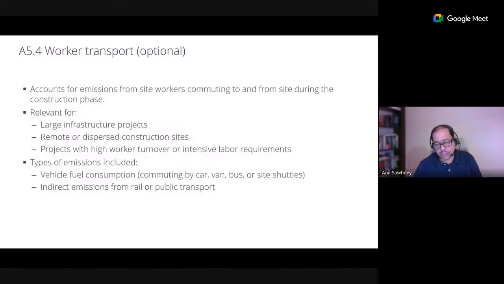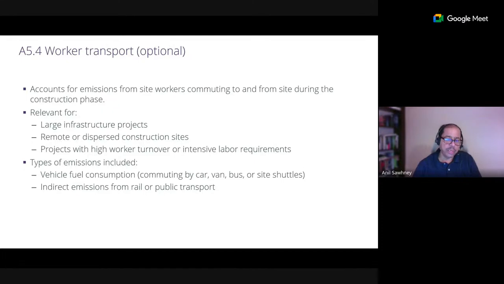A5.4 worker transport is generally optional, but let's say you have a huge infrastructure project in which workers have to commute a significant distance, especially if the construction company provides transportation, then you should calculate worker transport also. So it accounts for emissions from site workers commuting to and from site during the construction phase.